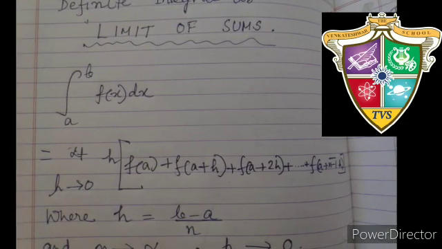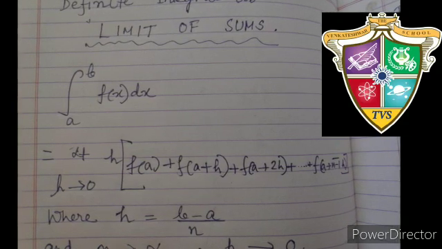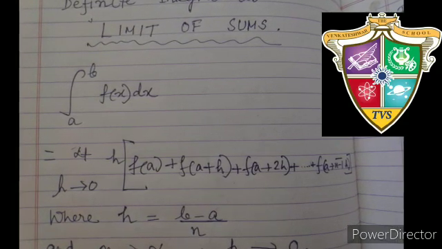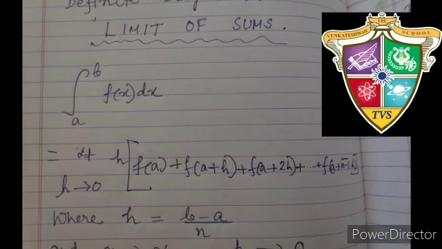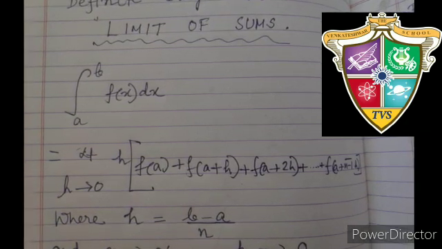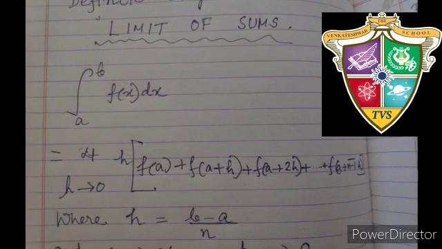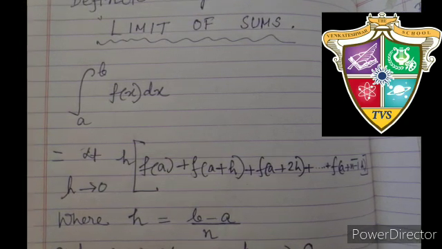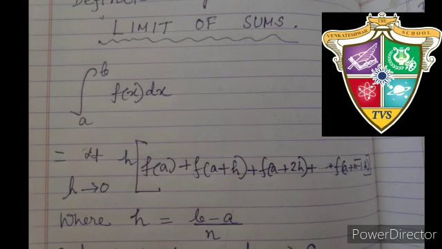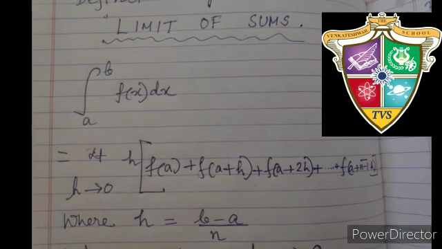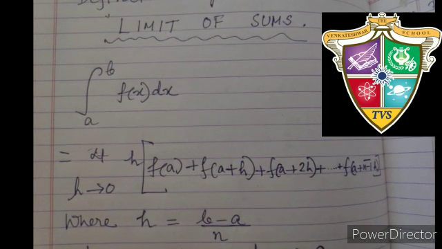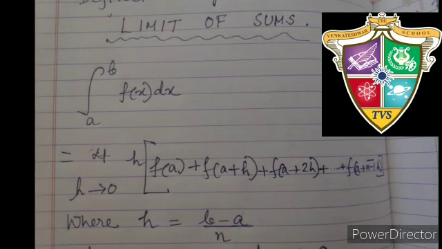That is limit h tends to 0 h into [f(a) plus dot till you reach f(a plus (n minus 1)h)], where h is equal to (b minus a) divided by n, and n tends to infinity.